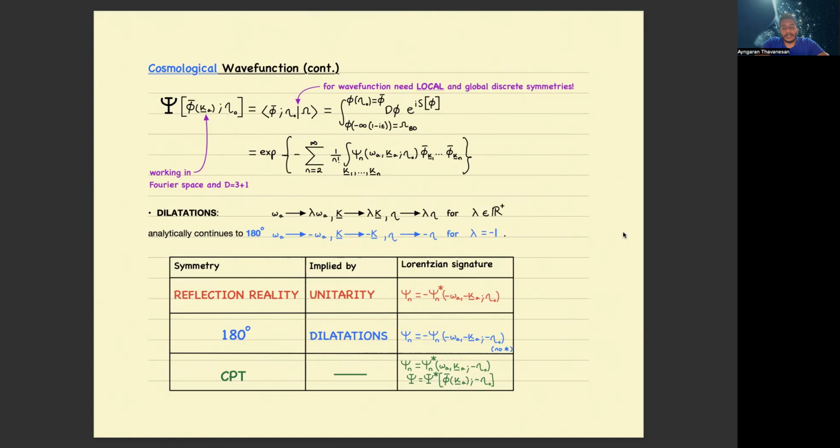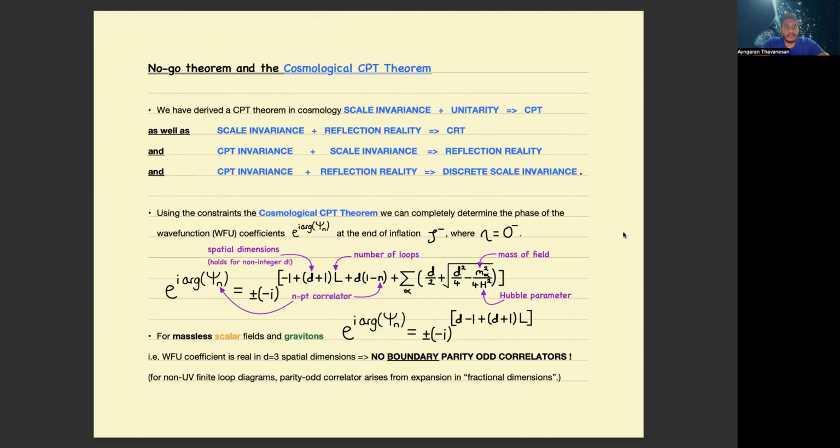So a wave function at the future boundary at the end of inflation is related to the past boundary of a contracting universe. So we've derived a CPT theorem in cosmology, specifically that scale invariance and unitarity imply CPT, as well as converse statements. And it's these converse statements which can then lead to powerful constraints on the wave function coefficients.